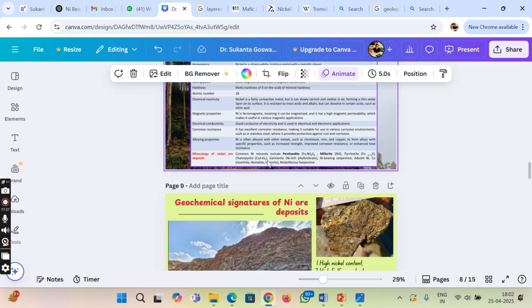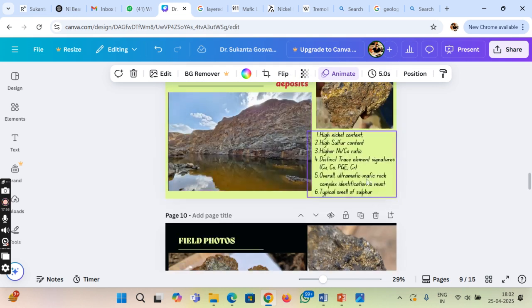Chalcopyrite can also hold nickel. Then garnierite, nickel-rich ferrosilicate, nickel-bearing serpentine, and sometimes physically adsorbed nickel and cobalt can be associated with goethite, hematite, limonite as well, and sometimes nickeliferous serpentine. All can hold nickel.